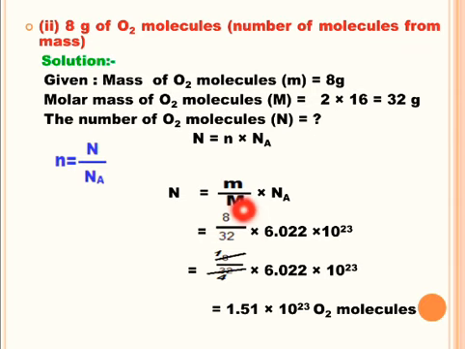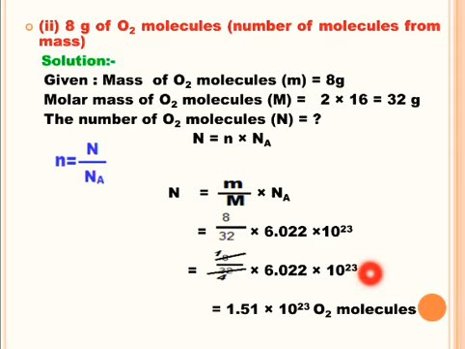So by putting the value of small m upon capital M in this formula, multiplying it with the Avogadro number, that is 6.022 into 10 raised to power 23. Now divide 8 by 32. So 8 fours are 32. So value comes out to be 1 divided by 4 multiplied by Avogadro number.